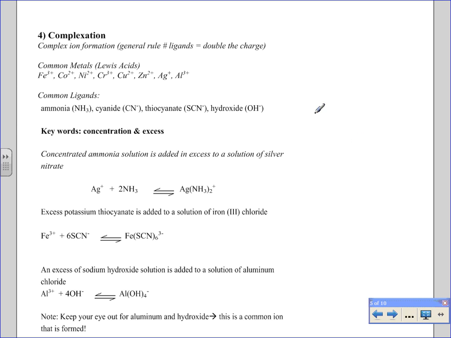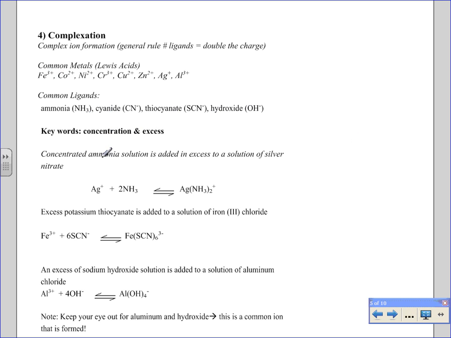Complexation reactions we've spent a fair bit of time on. The key with these ones is to actually recognize them by the terms and the reactants and products that are involved. As you know, you need a transition metal and you need one of the ligands, and these are often going to be concentrated or in excess.